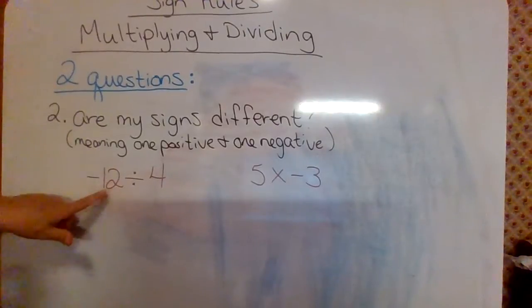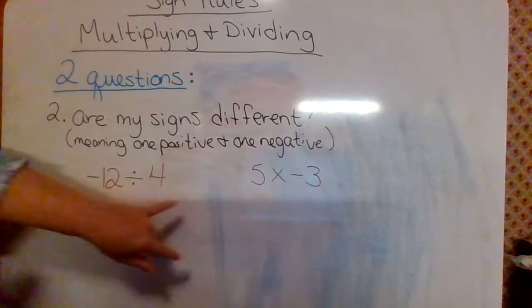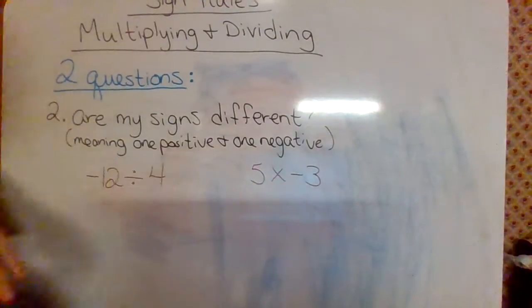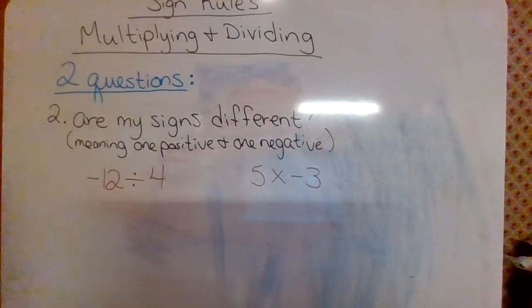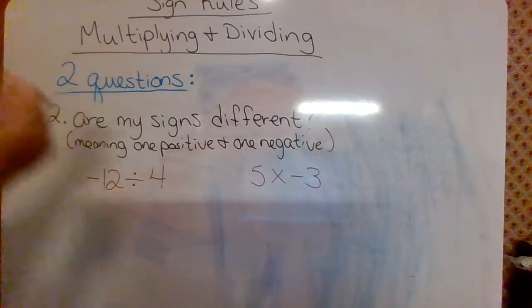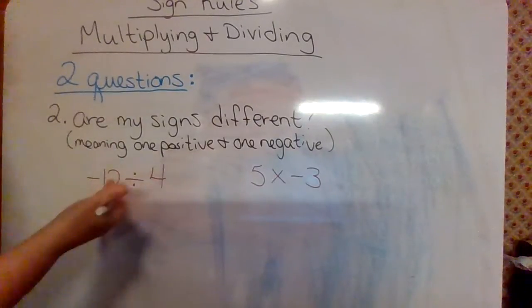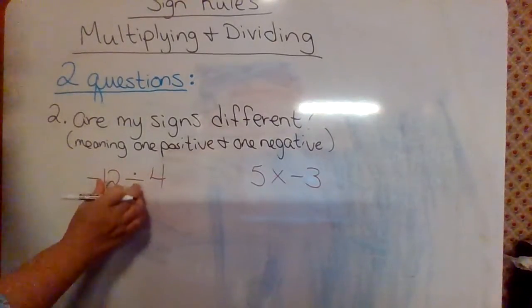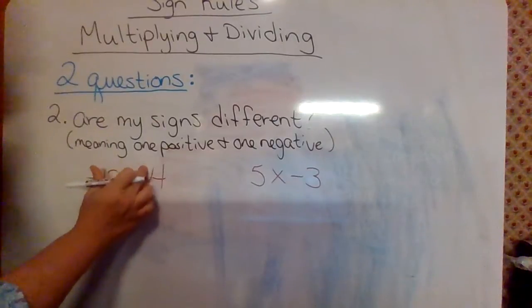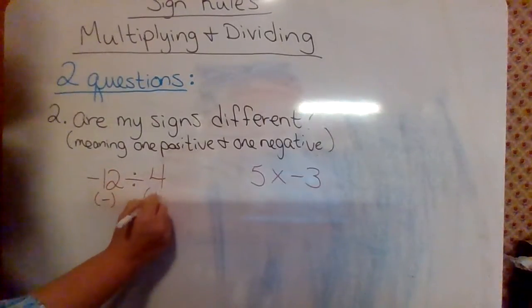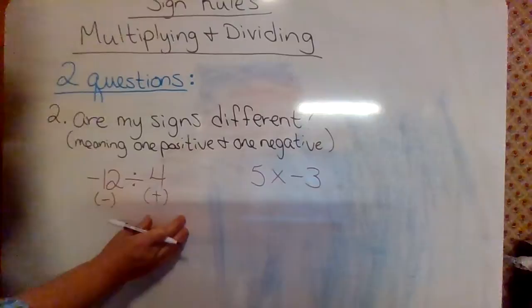I have -12 divided by 4, and I have 5 times -3. So if we talk about our signs, if we look at this -12, it's negative. Divided by 4, there's nothing here. That means it is positive. We talked about that last time.